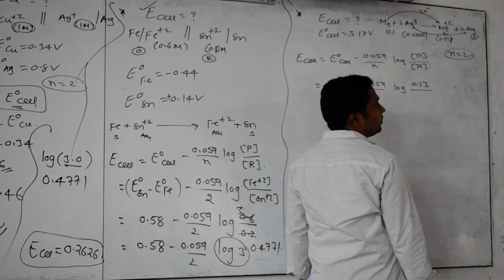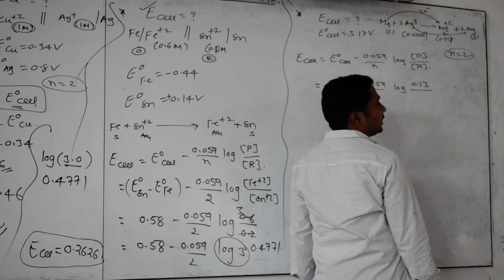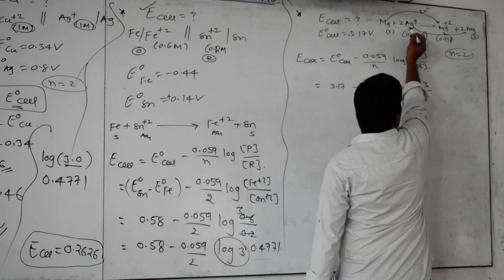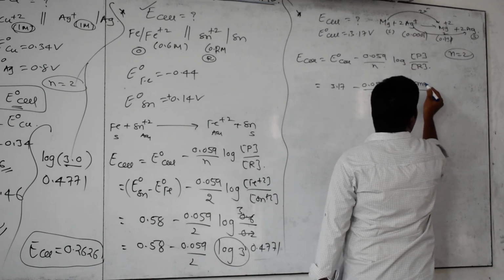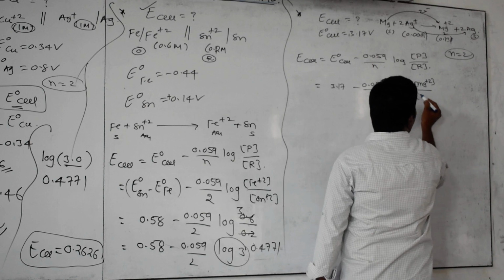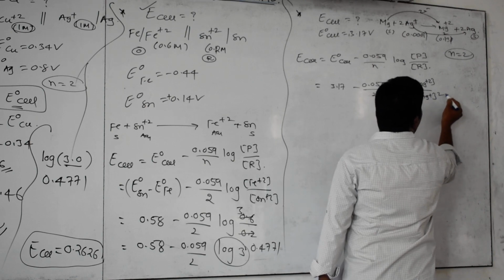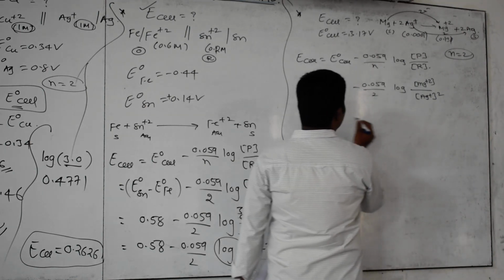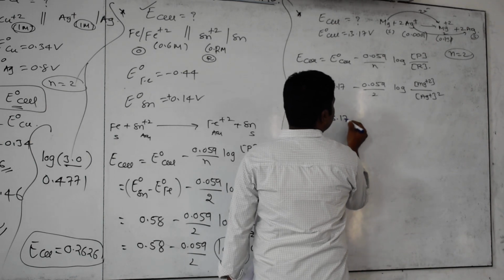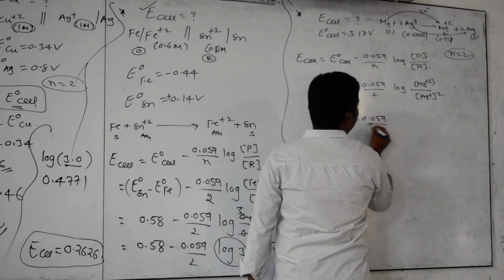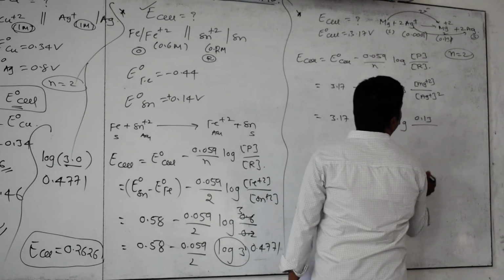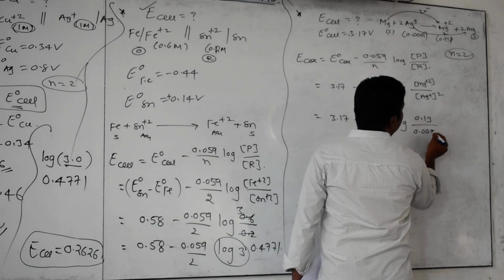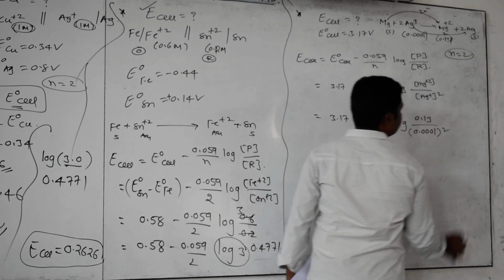Be careful. Why? Ag plus whole square will be coming. Otherwise, you write one more step: concentration of the Mg plus 2 ions by Ag plus ion whole square. Don't forget that. Then we are getting 3.17 minus 0.059 by 2 into log 0.13 by 0.0001 whole square.